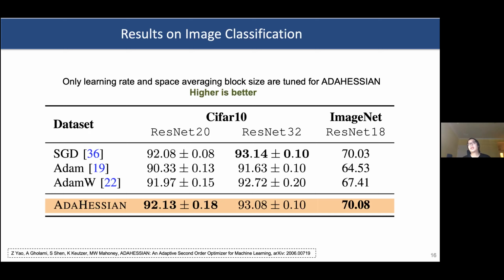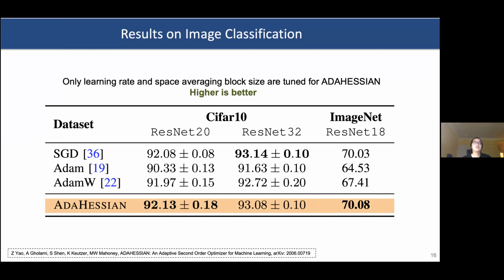However, the gap becomes larger on ImageNet. SGD is roughly 5 or 6% better than ADAM and roughly 2.5% better than ADAMW. As I showed before, AdaHessian uses almost the exact same formula as ADAM, just replacing the second momentum from gradient to Hessian.